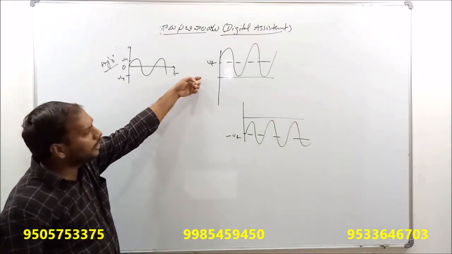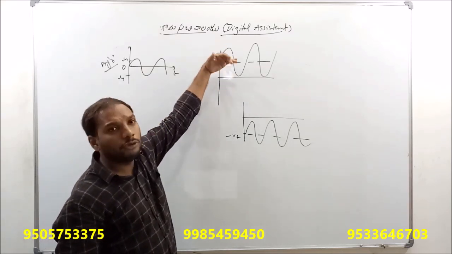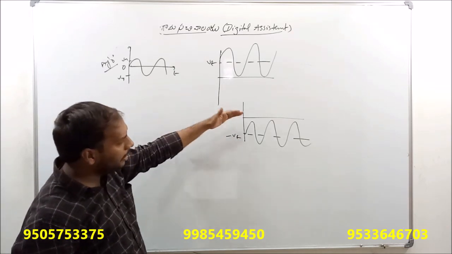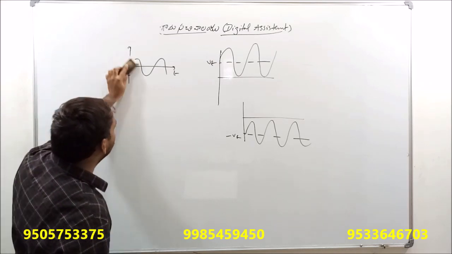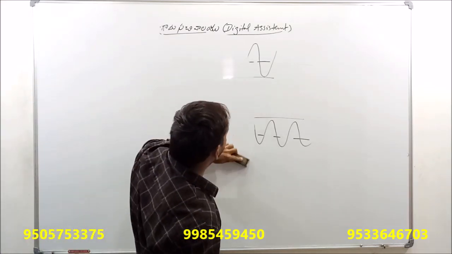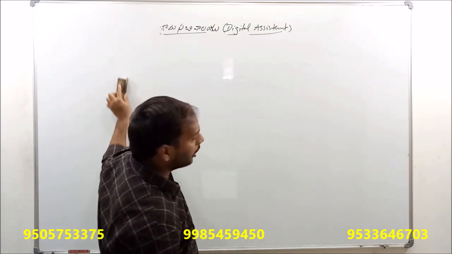This is the positive clamper where the waveform is completely clamped towards the positive edge. Similarly, this is the negative clamper where the waveform will be clamped towards the negative edge. Okay, so this is all about positive clamper and negative clamper. So these are the applications of the diode.